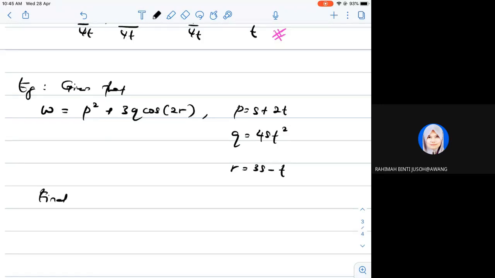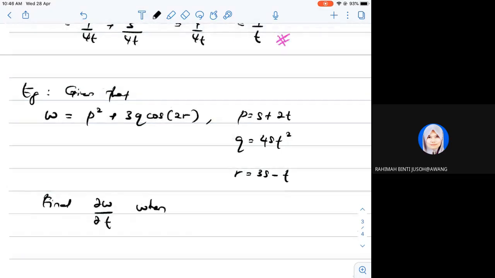Find del W over del T when, let's say when S equals to 1 and then T equals to, let's say 0 lah saya bagi.